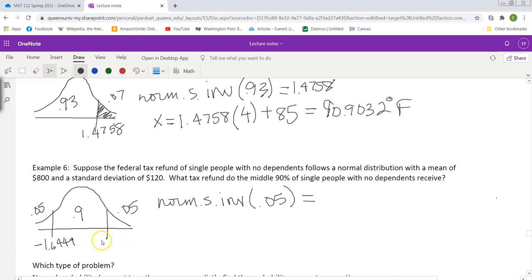That means the upper one is positive 1.6449. So z equals negative and positive 1.6449.